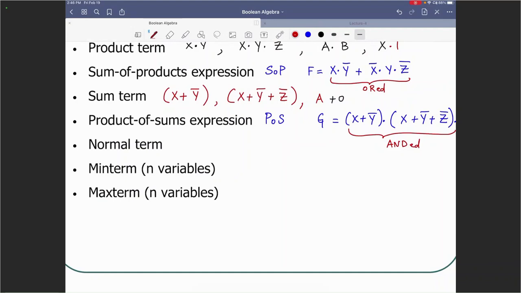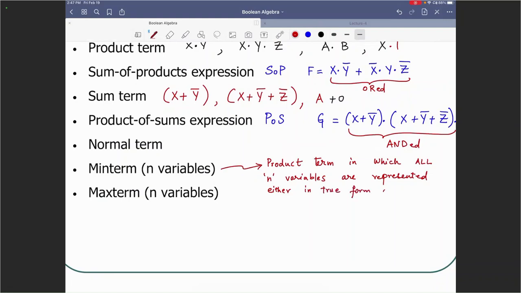A minterm is a product term in which, suppose you have n variables that are involved in the function, all n variables are represented either in true form or complemented form.